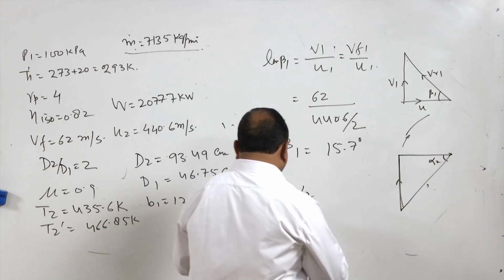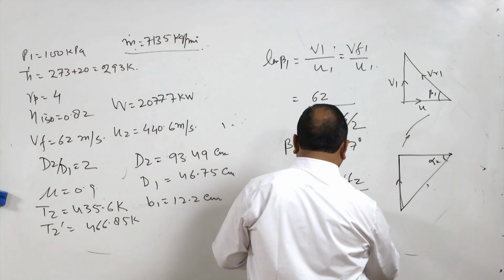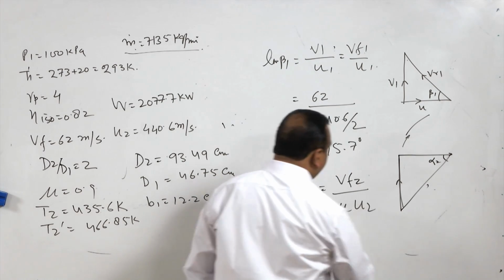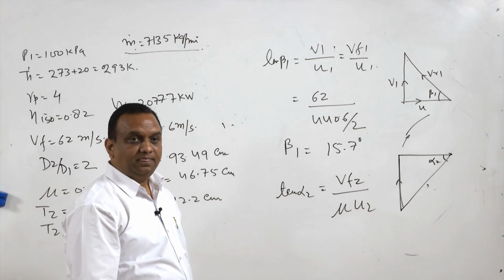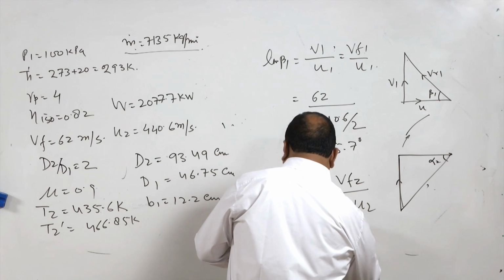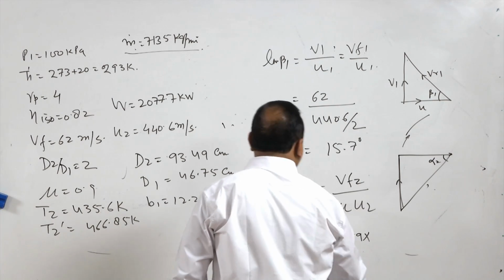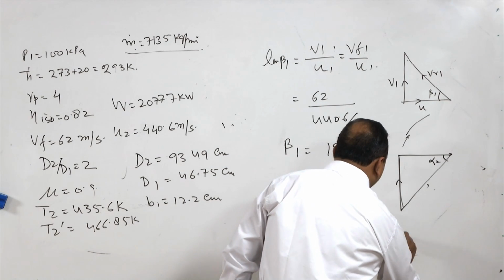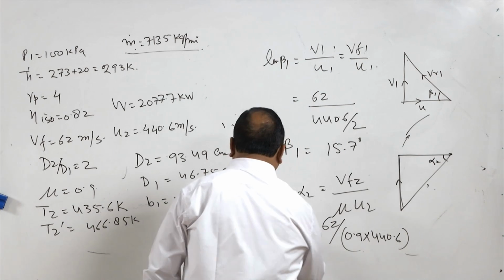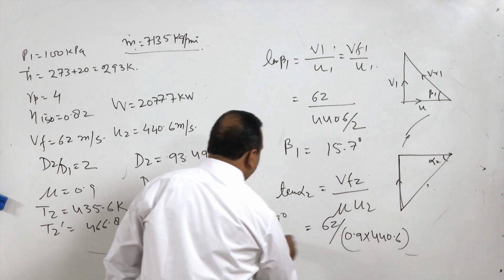So tan alpha 2 is equal to Vf2 divided by mu U2. Here the slip factor also comes into the picture, so 62 divided by 0.9 multiplied by 440.6, and from here we get alpha 2 as 8.9 degree.